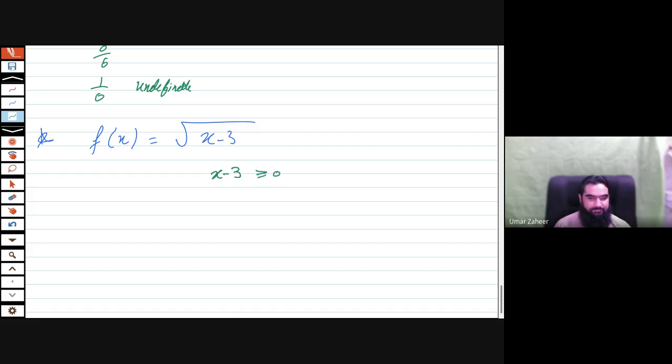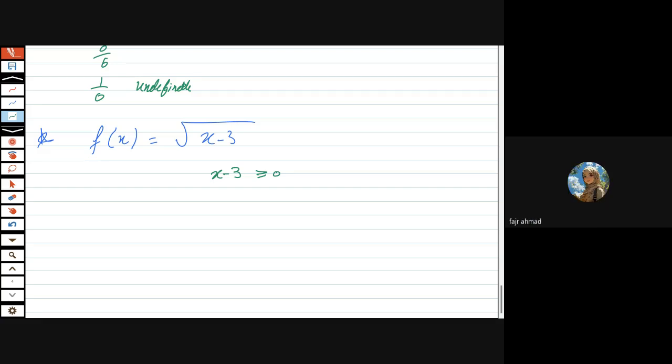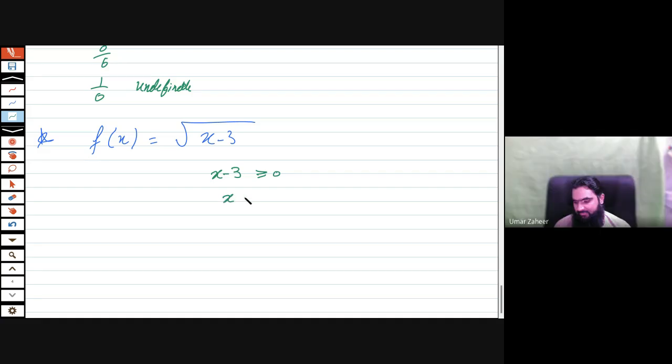Is it clear? Yes, sir. So from here we will get the value of x. x is greater than or equal to 3. So the domain is all the values where x is greater than or equal to 3. All right.